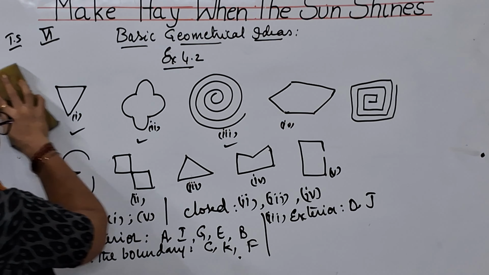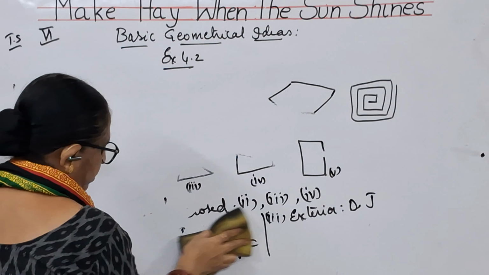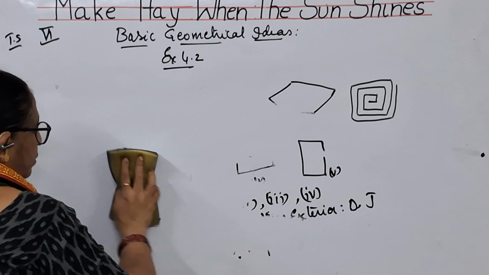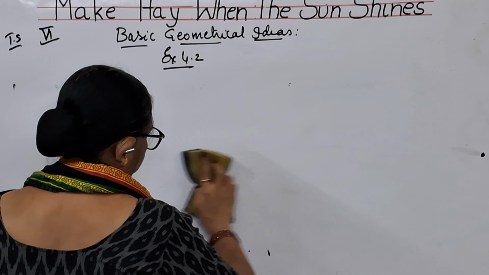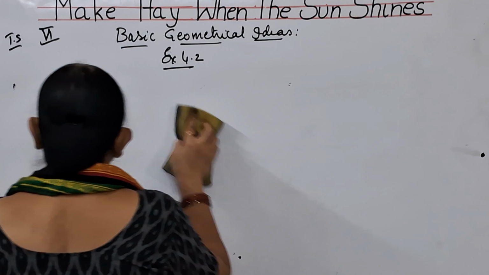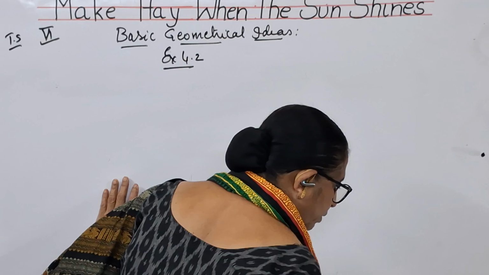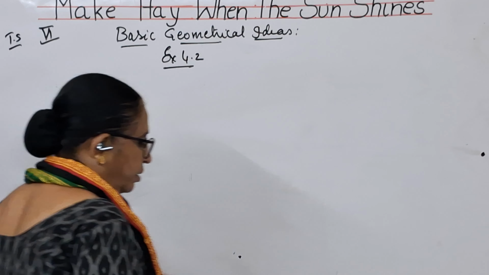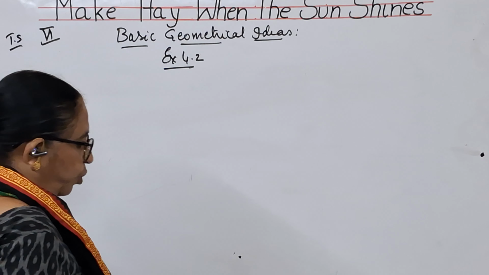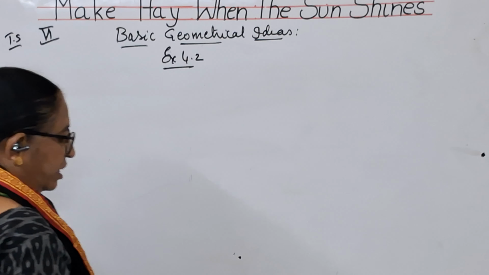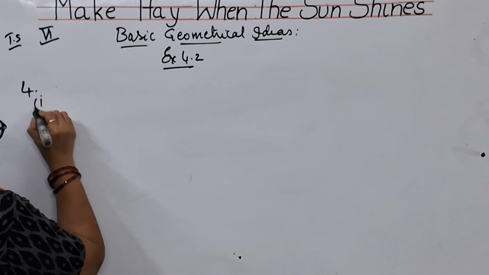Now we'll go to the fourth problem. Now the fourth problem is, draw three simple closed figures by straight lines only and by straight and curved lines.